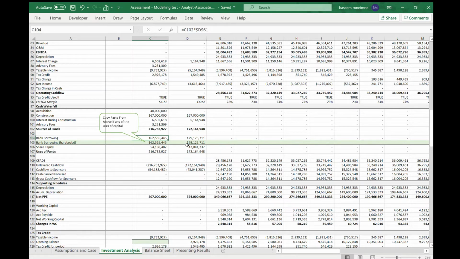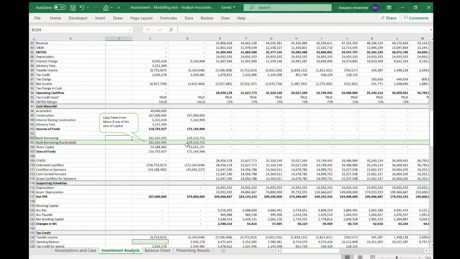So to calculate that, I would need to know how much my debt size is. And to know how much my interest is, I need to know how much my debt size is. So you can see there is sort of a circular reference here.